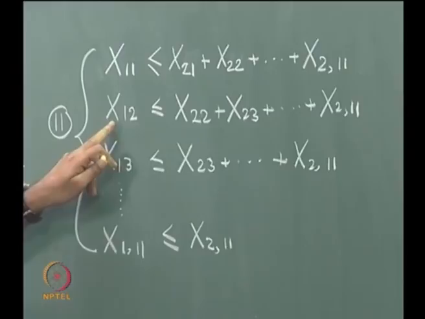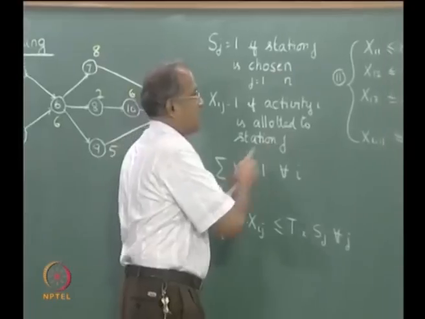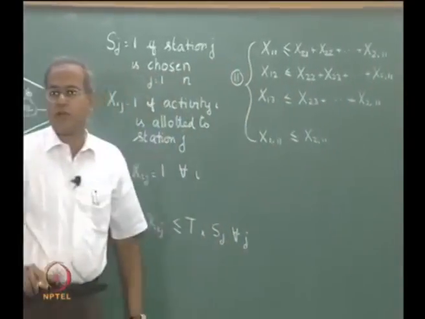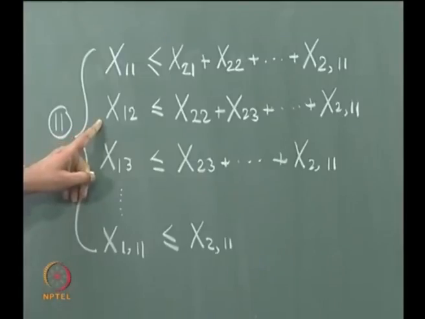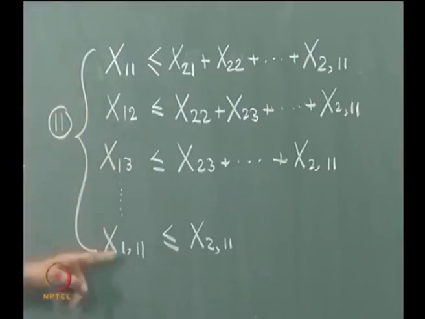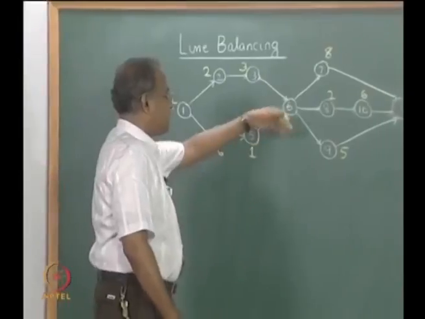This would prevent activity 2 from being assigned to workstation 1, because if activity 2 is assigned to workstation 1, through this all of these will be 0, therefore we will have 1 less than or equal to 0, and this will prevent activity 2 from being assigned to workstation 1. So we have 11 such constraints which model this precedence relationship, and then we have 13 such precedence relationships.